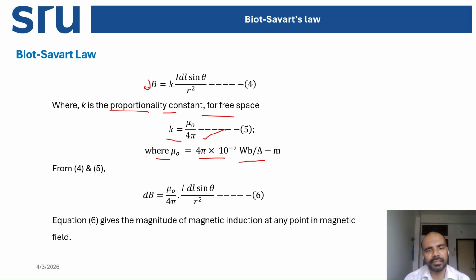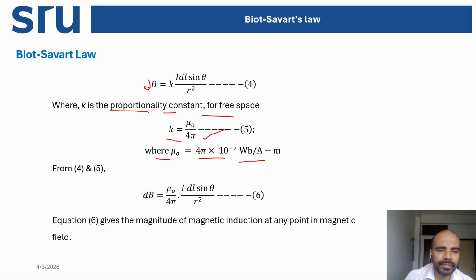It basically measures the ability of space or vacuum to support a magnetic field, right? So its value, that is mu naught or mu 0, equals 4 pi into 10 to the power minus 7 Weber per ampere meter, right?